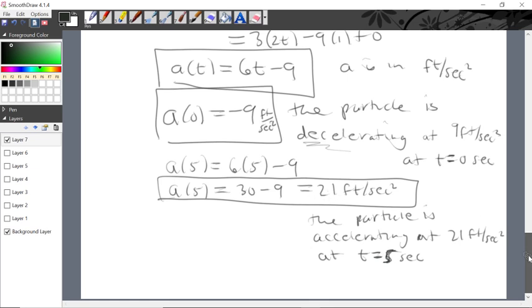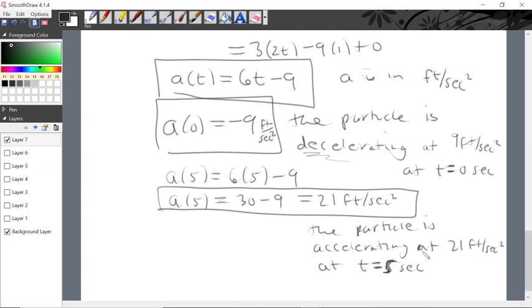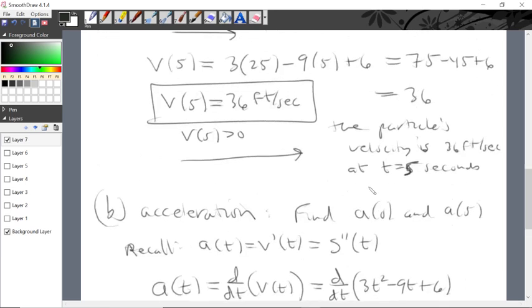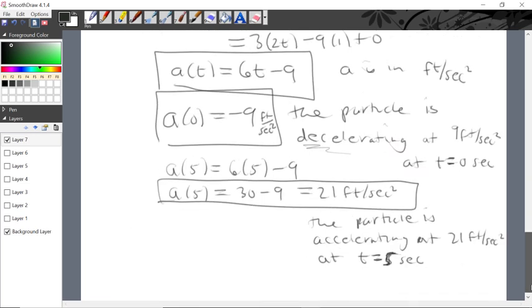In which direction was it traveling at 5 seconds? It was moving to the right. So at that instant, it is traveling at 36 feet per second to the right. At that instant, it is also accelerating. So we can predict that in another interval of time, half a second later, a second later maybe, it'll be going even faster to the right than 36 feet per second. Okay, so it will be going even faster.